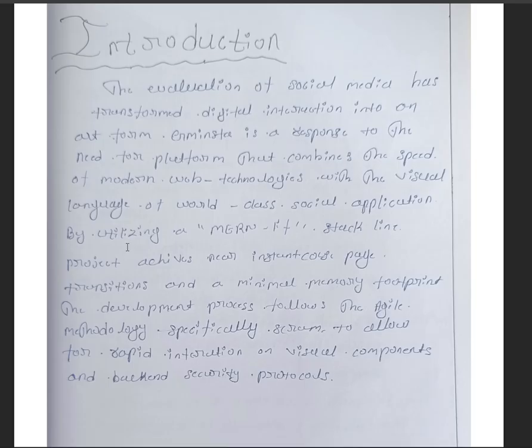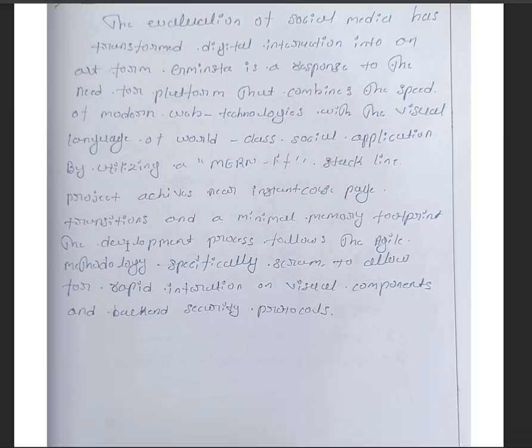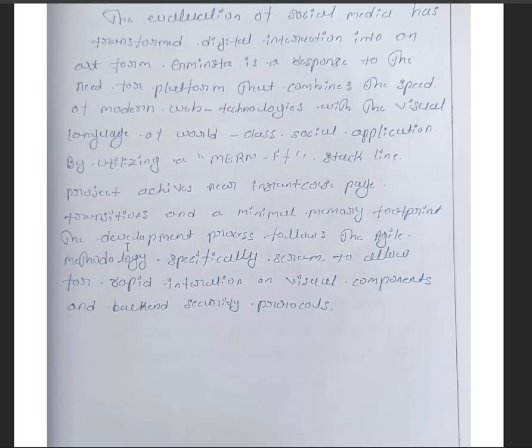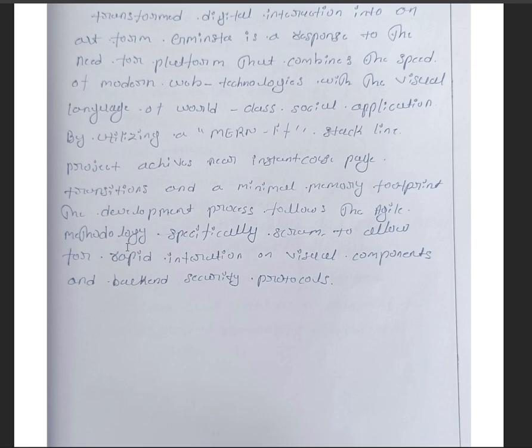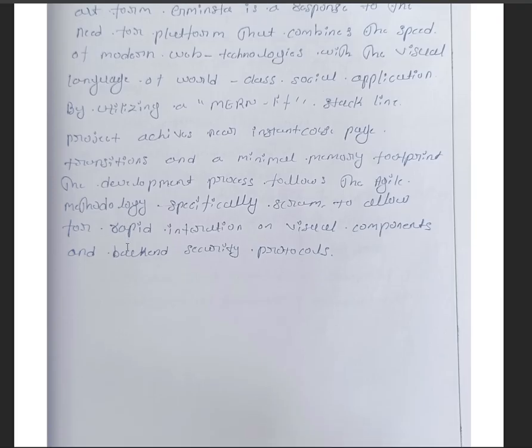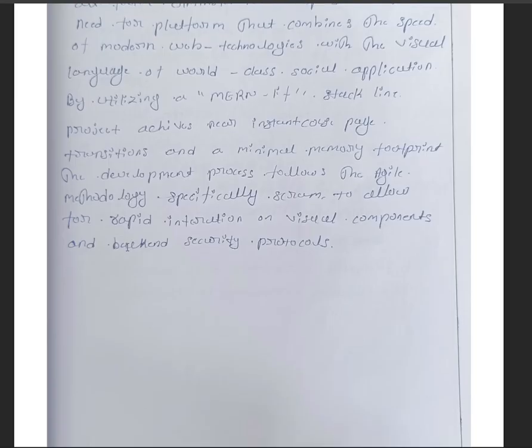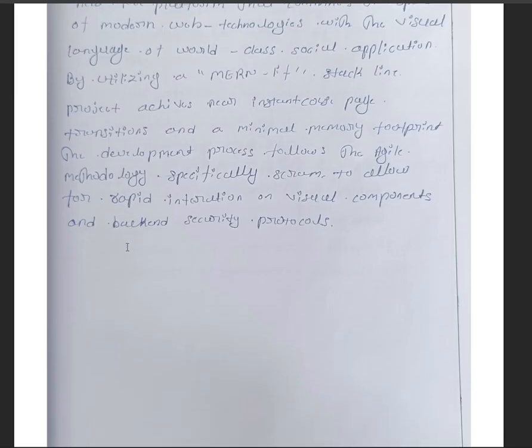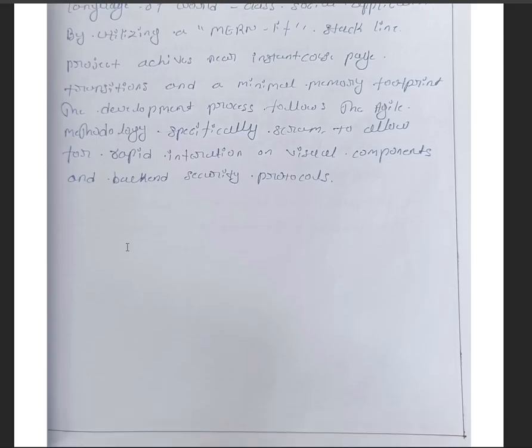By utilizing a MERN stack, the project achieves near instant page transitions and a minimal memory footprint. The development process follows the agile methodology, specifically Scrum, to allow for rapid iteration and visualization of components.